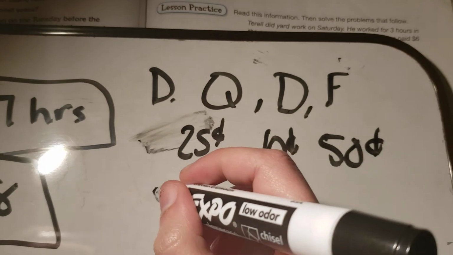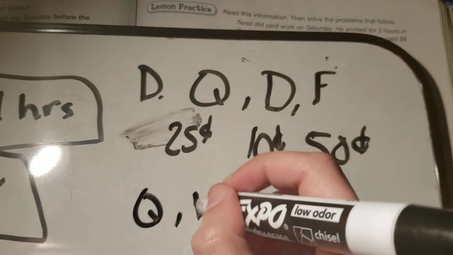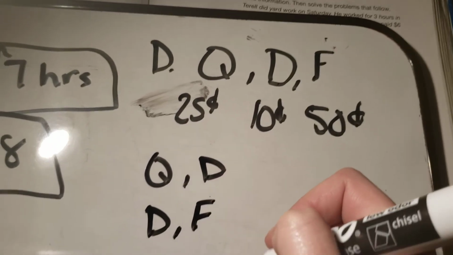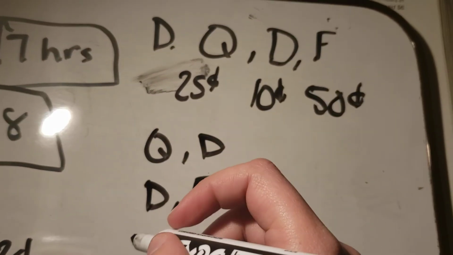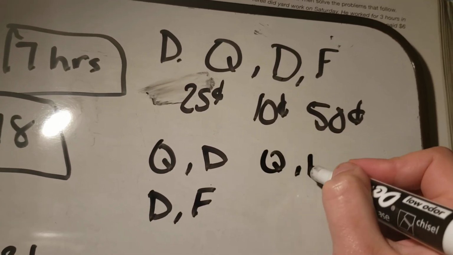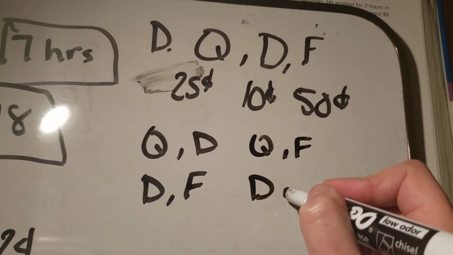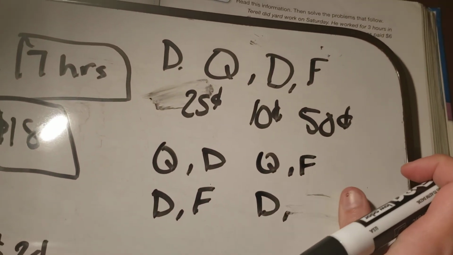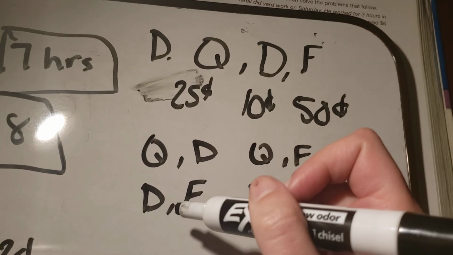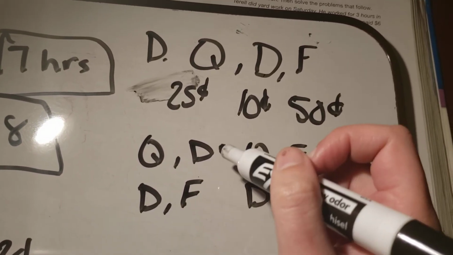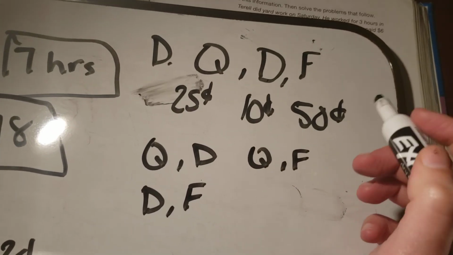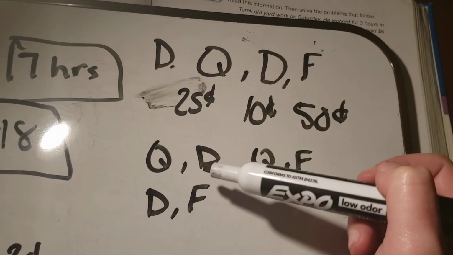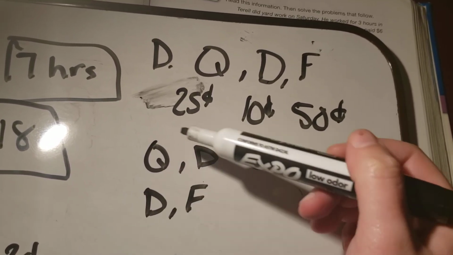So we can have a quarter and a dime. We could have a dime and a 50-cent piece. We could have a quarter and a 50-cent piece. We already did dime and quarter, dime and 50-cent piece. Because of dime, we can't make any other one.